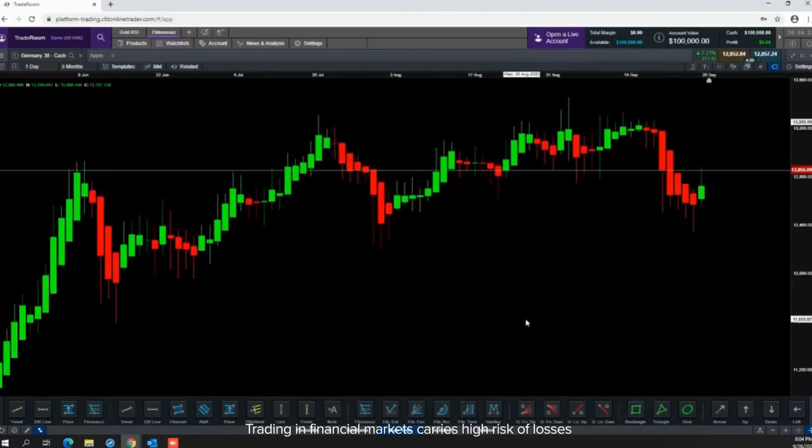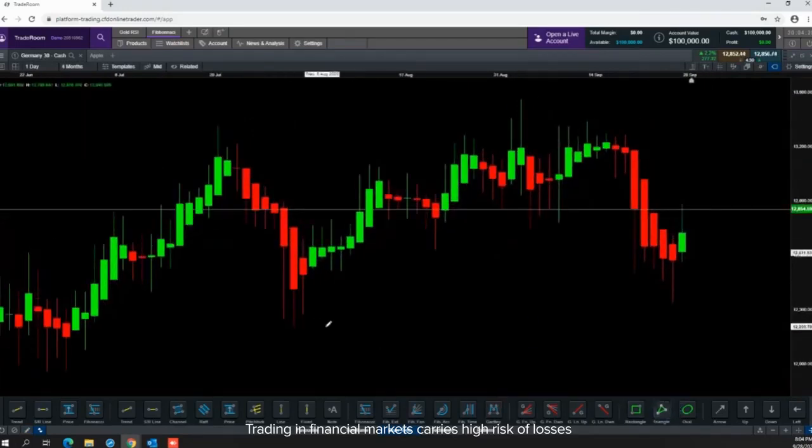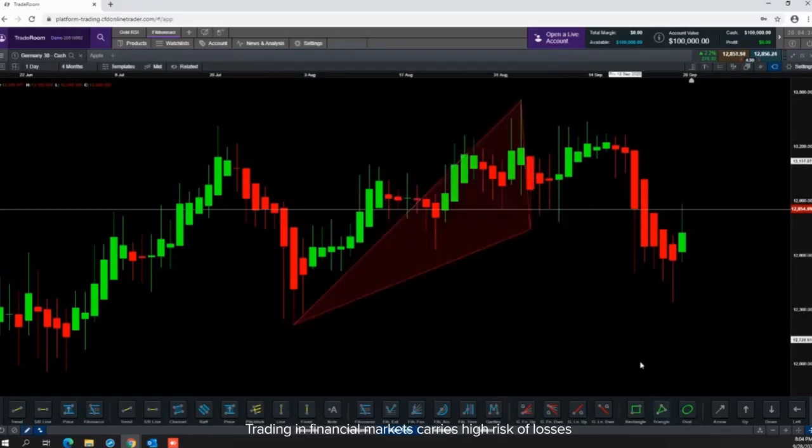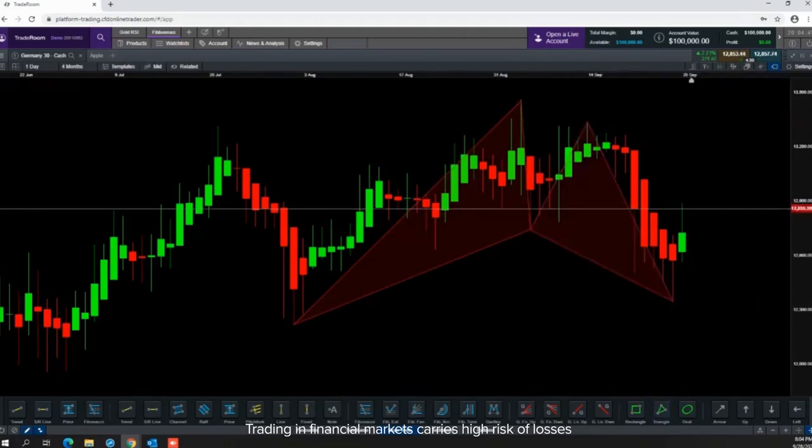All right, so basically the pattern looks somewhat in this manner, right? This is what the pattern looked like. Now, the challenge is these patterns falling into the Fibonacci numbers that we just looked at.